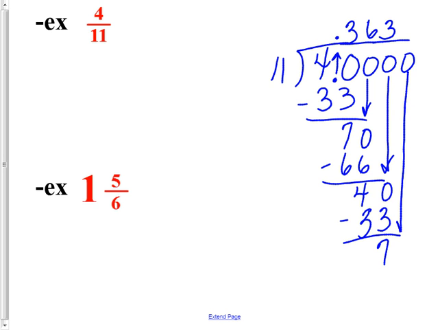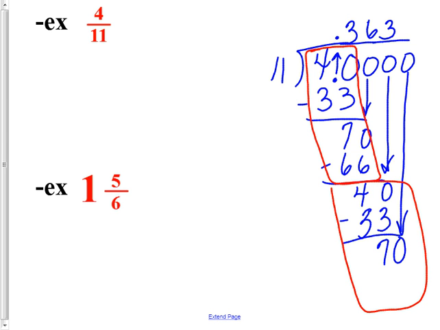Hopefully you're going to notice that we have a pattern. The pattern that you should see is we're going to continue doing 40 minus 33, then 70 minus 66. 40 minus 33, and this would end up being another 70 minus 66. So what that means is I'm going to continue to have a pattern that's going to repeat 3, 6, 3, 6, 3, 6, and so forth, and it would never stop.